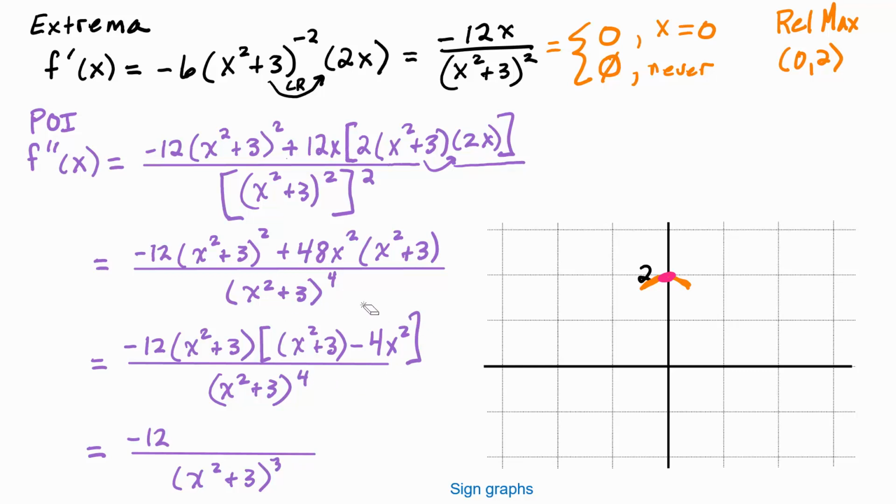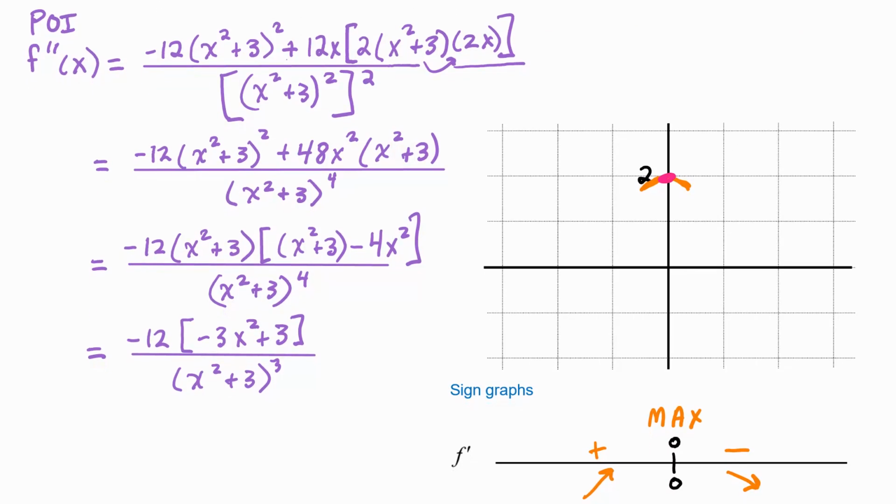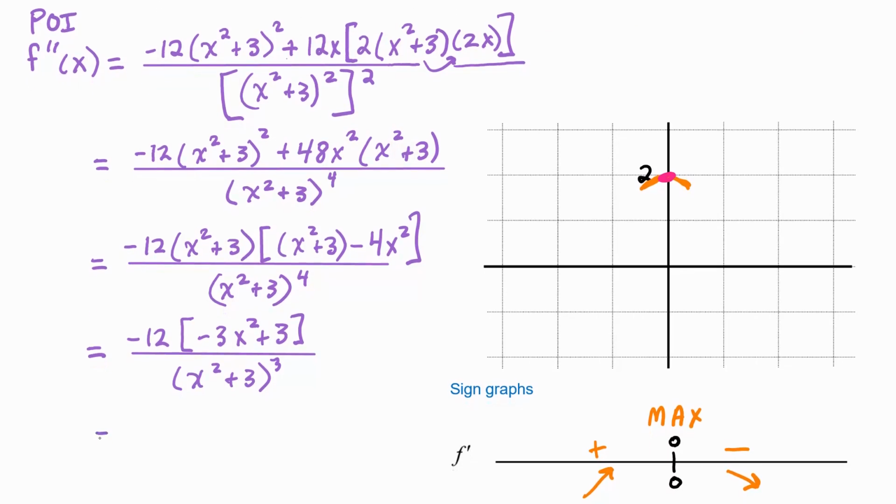Inside here, we have negative 3x squared plus 3. Let's continue to simplify. Now in the numerator, we've got negative 12.